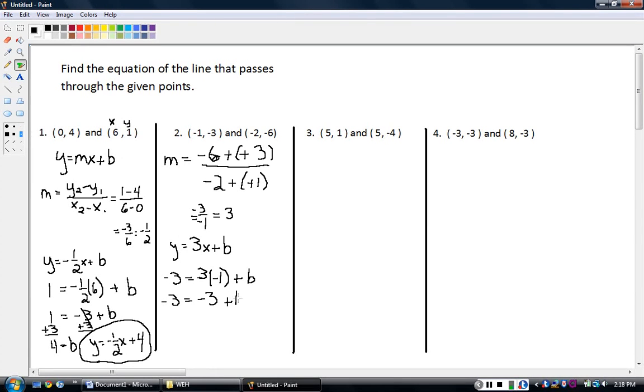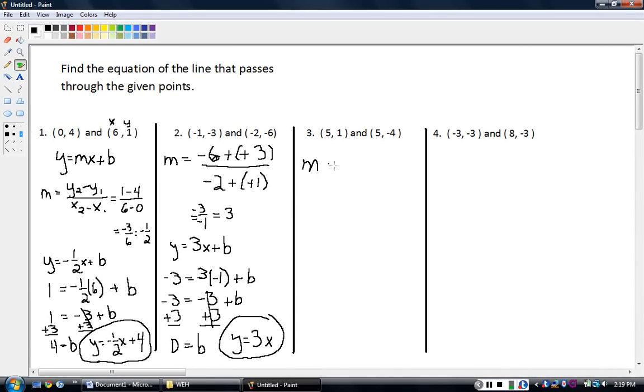Add 3 to both sides to solve for b. So in this case I get 0, right? Because negative 3 plus 3 is 0. So b equals 0. So my answer is y equals mx plus b, where m is 3. So 3x plus 0, I don't really need the plus 0, do I? Y equals 3x. Okay?